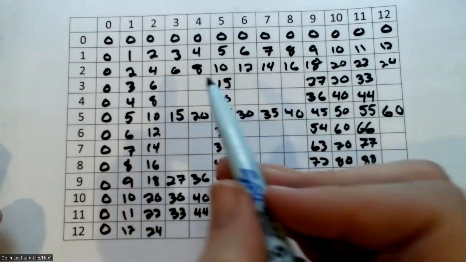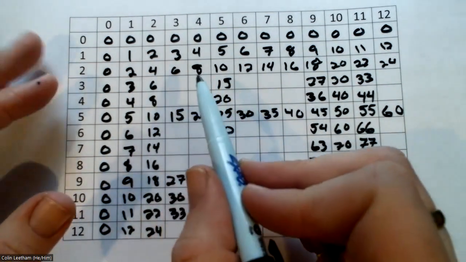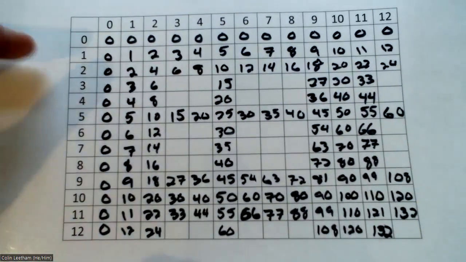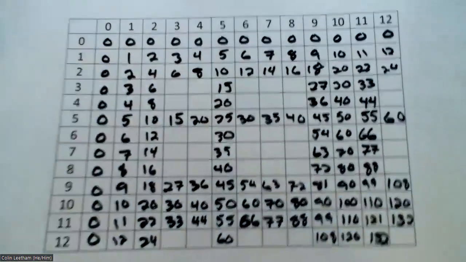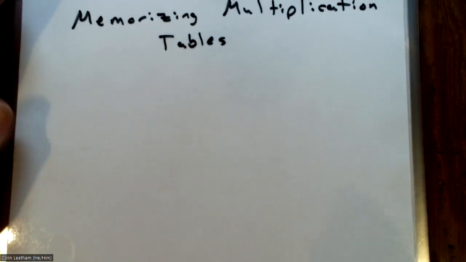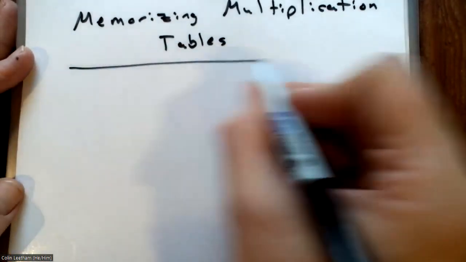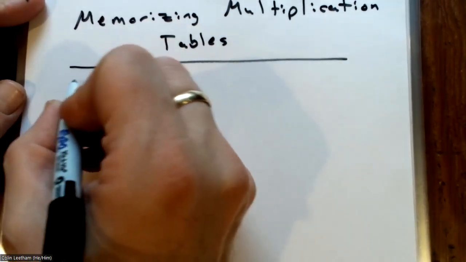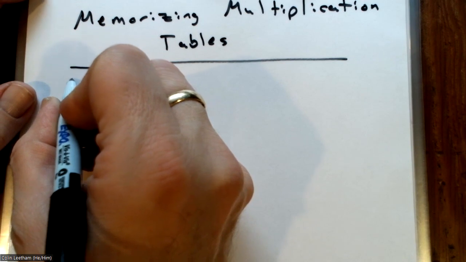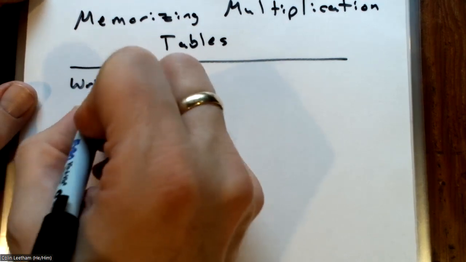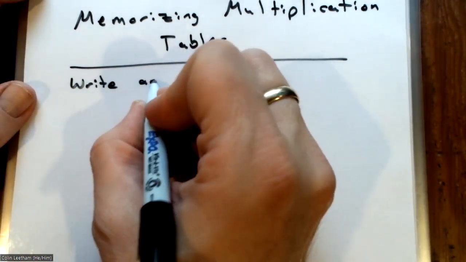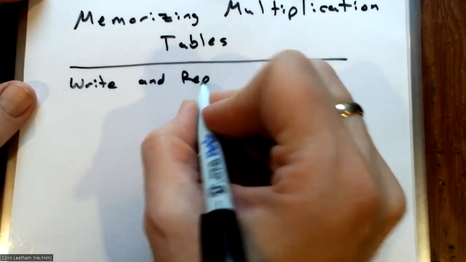So let's talk about memorizing things like 3s and 4s. One of the tricks for doing this is just going to be repetition. When you're memorizing a number, I would say a thing to do is to write and repeat.